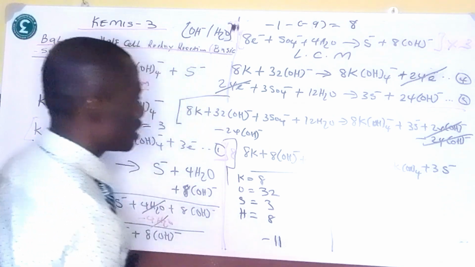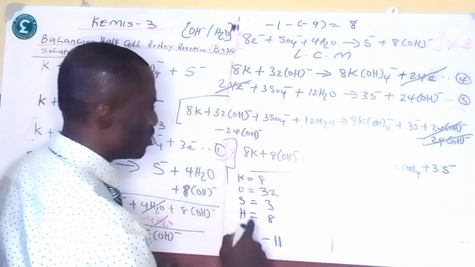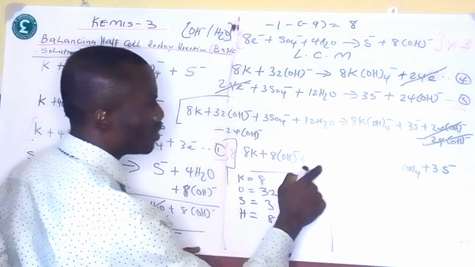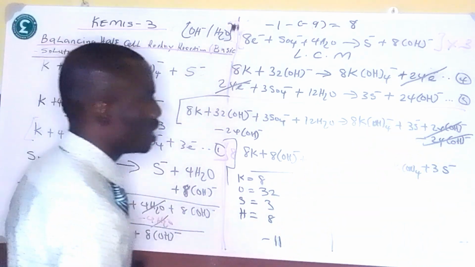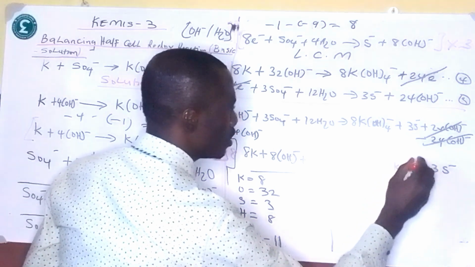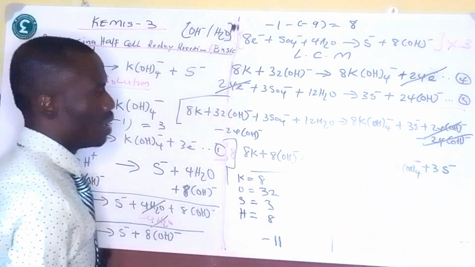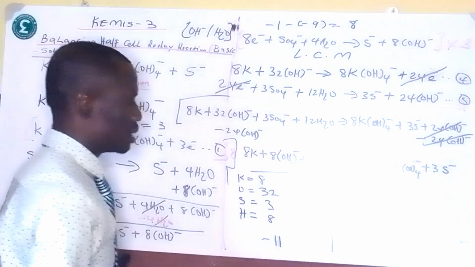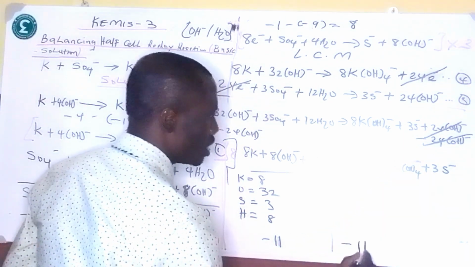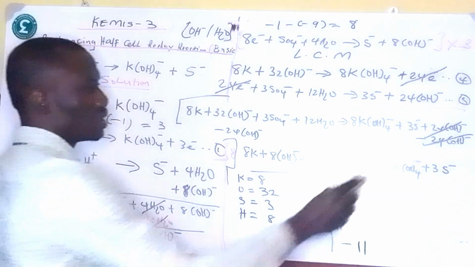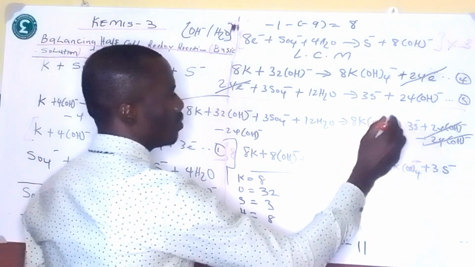All right, at this side, maybe there's a mistake somewhere. This is minus 11. Over here, there's a charge here. We then bring down the charge. So 8 times 1, that is 8, plus 3, that is also minus 11. Notice that this charge is coming from here.